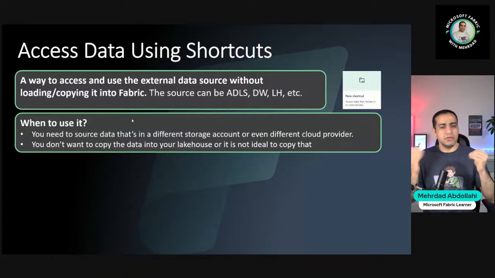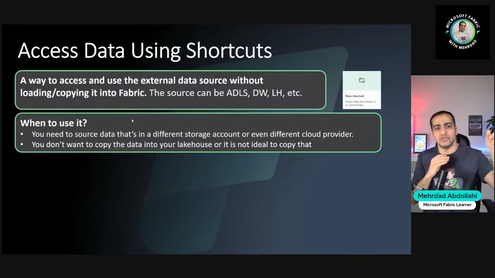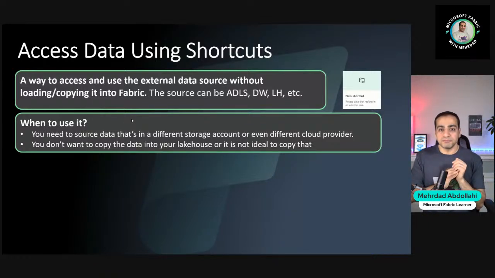And you need only an ad hoc request on some data. You don't have to load everything in Fabric. You can just create a shortcut to that data source and pull whatever you need. Of course, it is going to have performance issues on that side, but Microsoft promised it is not going to be impacted in Fabric.